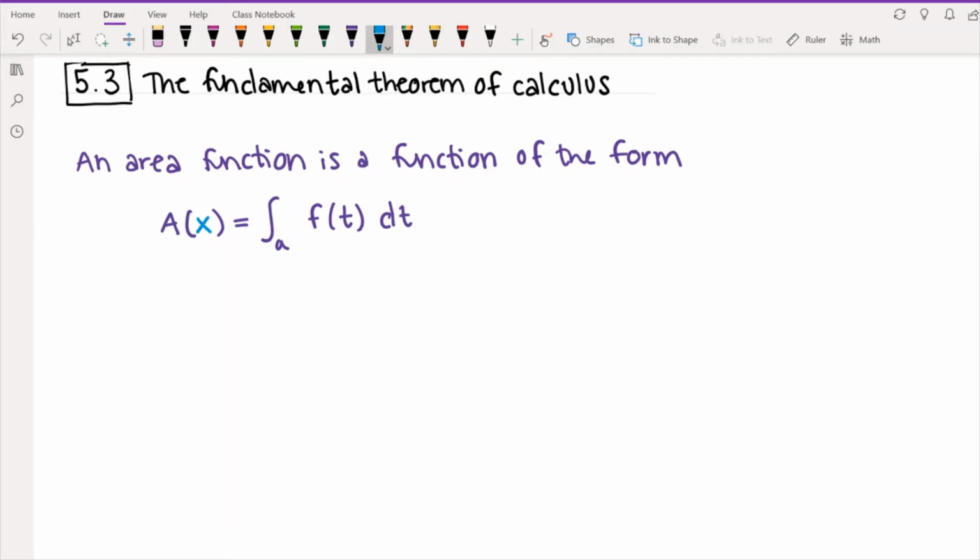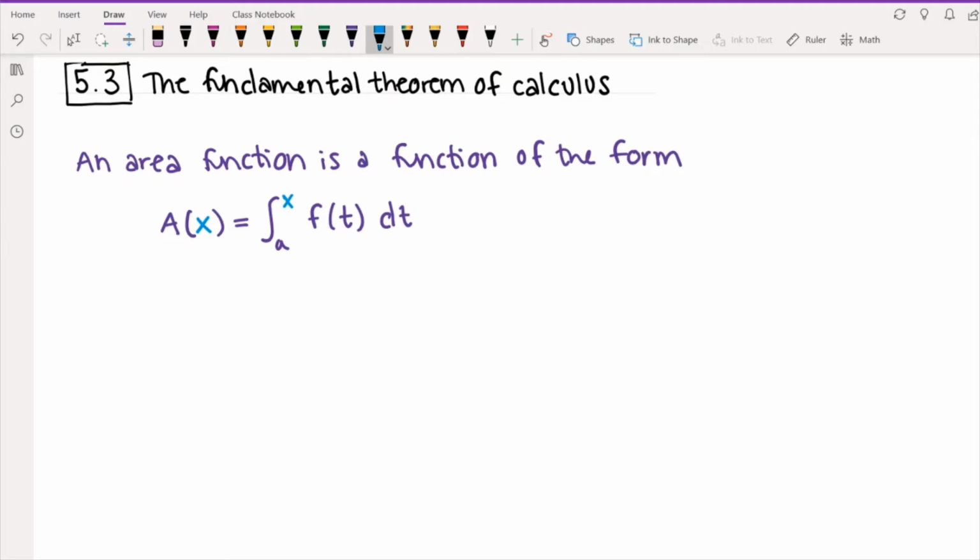Maybe I'll emphasize that with a different color here. You're plugging in different numbers for x, and then you're calculating to find the output. You're calculating the integral from a, which is itself a fixed number, to different numbers x. Let me write that down.